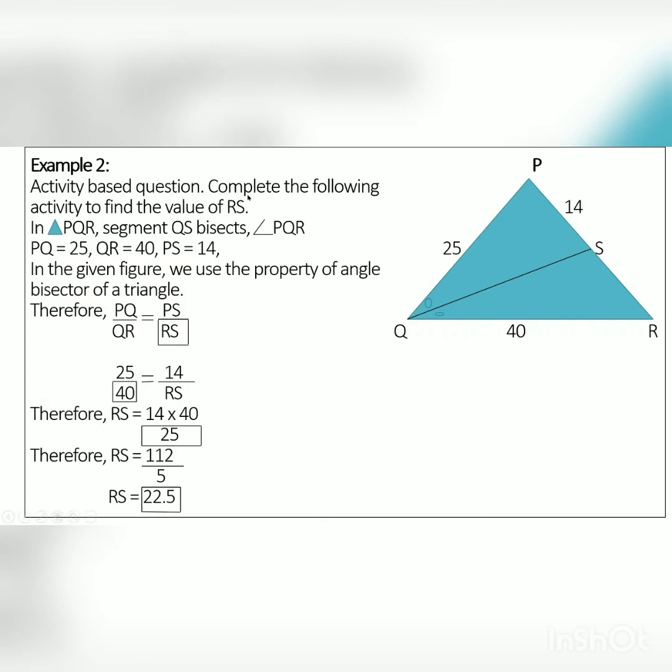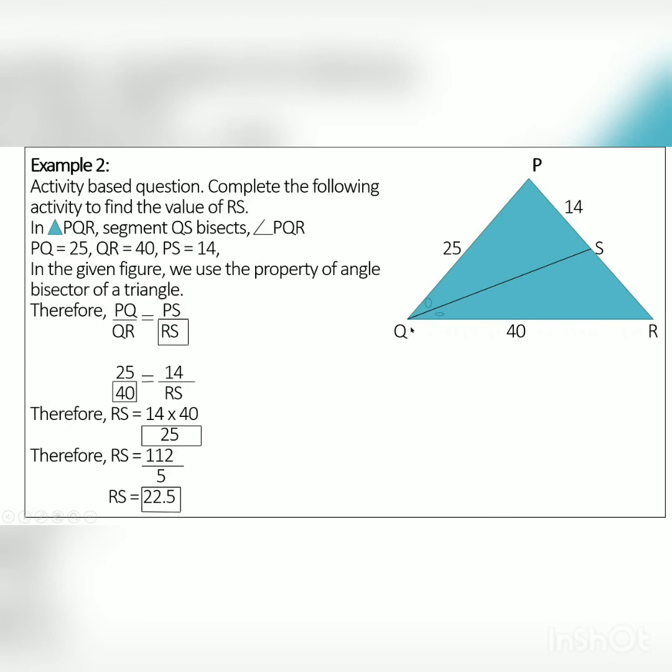So our example is: complete the following activity to find the value of RS from the given figure. Already triangle PQR is given. QS is a bisector of this triangle. Value of PQ is 25.